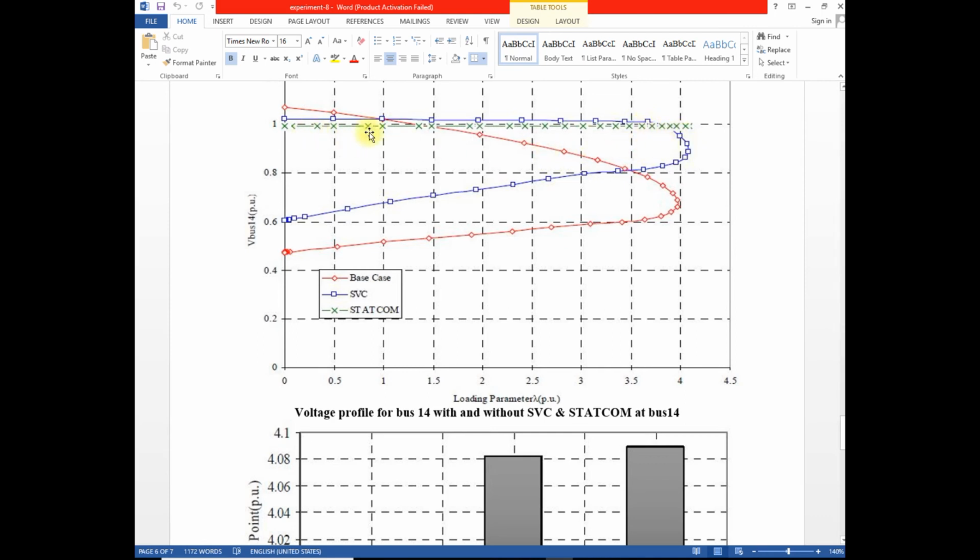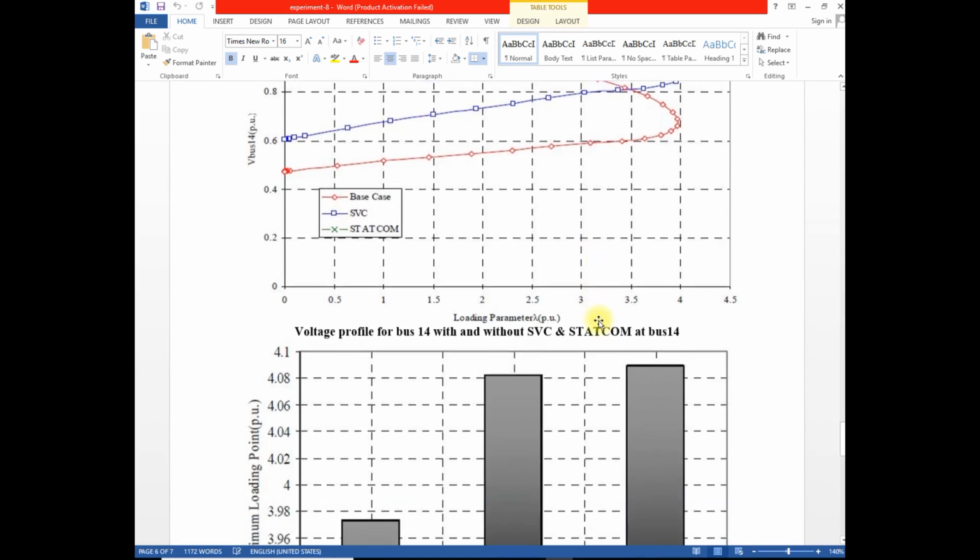But this green line is with the STATCOM at bus number 14. With increasing loading, the voltage at bus number 14 remains constant. So it means the STATCOM provides a higher loading limit. By using the STATCOM, we can transmit the maximum power through the transmission line without affecting voltage stability.